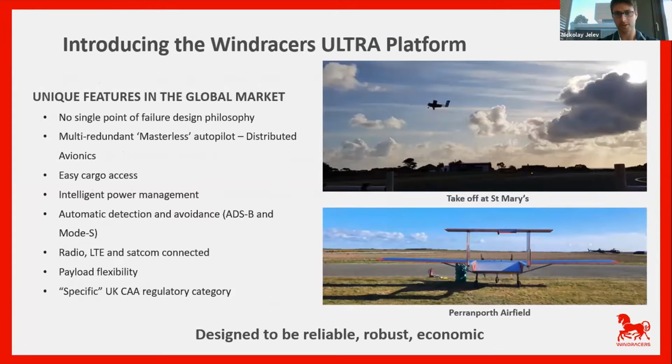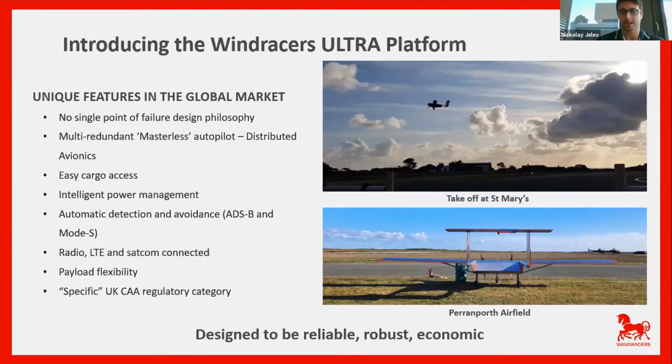So we operate the UK's largest civilian unmanned, uncrewed aircraft. Its design philosophy is, with no single point of failure, a multi-redundant system which has been designed specifically to carry cargo. So it's all about ease of access, ease of loading, and all of the operational challenges with transportation of cargo.